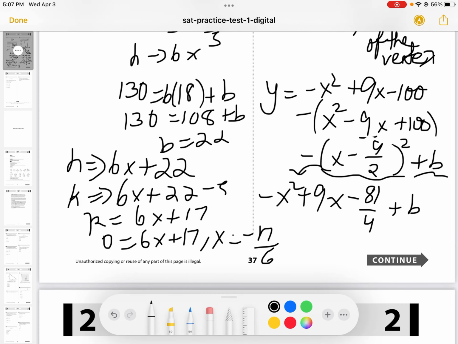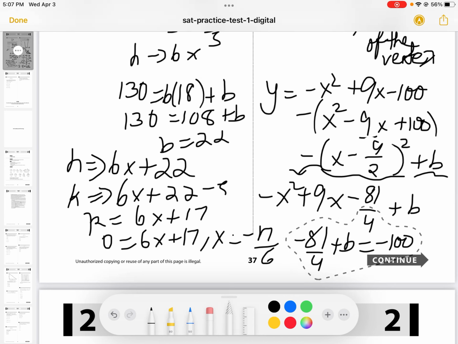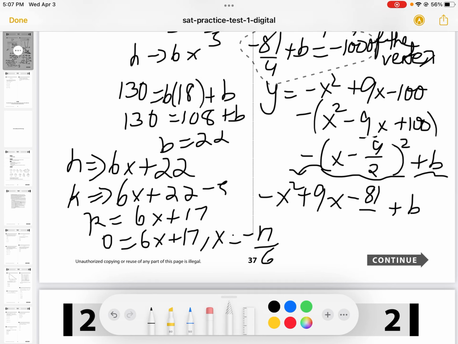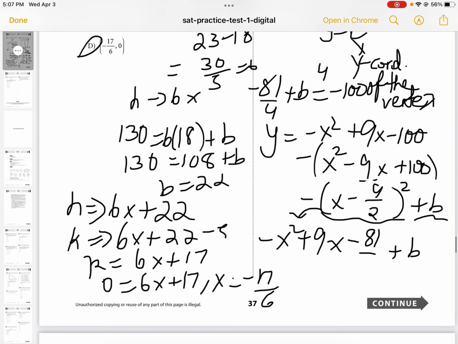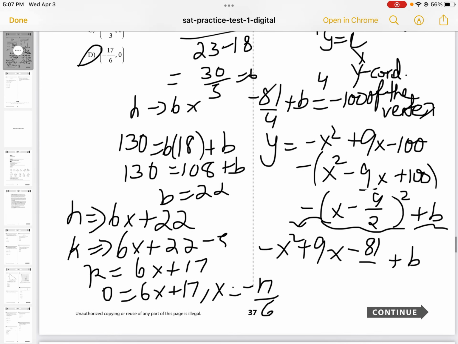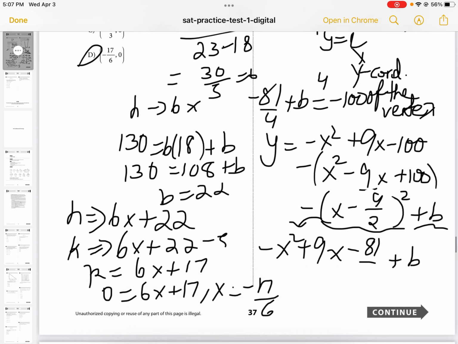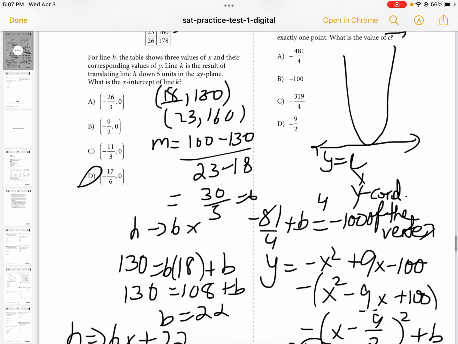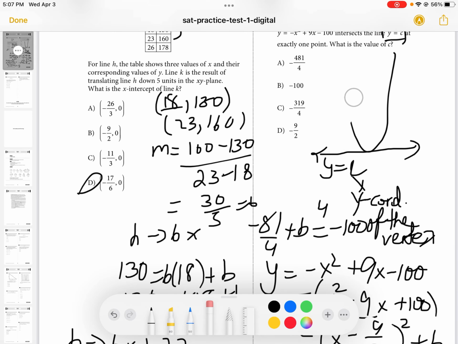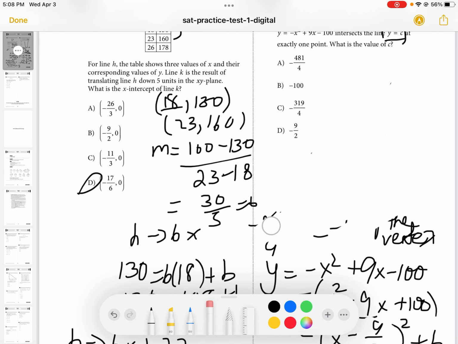Now you want negative 81 over 4 plus b to equal negative 100. So I'm going to bring that equation up there and solve. This is the prime equation we need to solve right now. Okay, this is messy. Let me erase some of this work we have going on here.